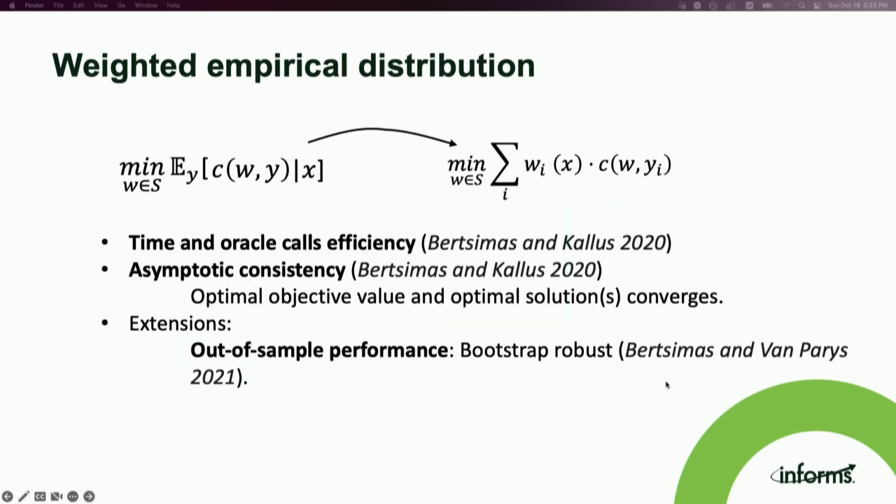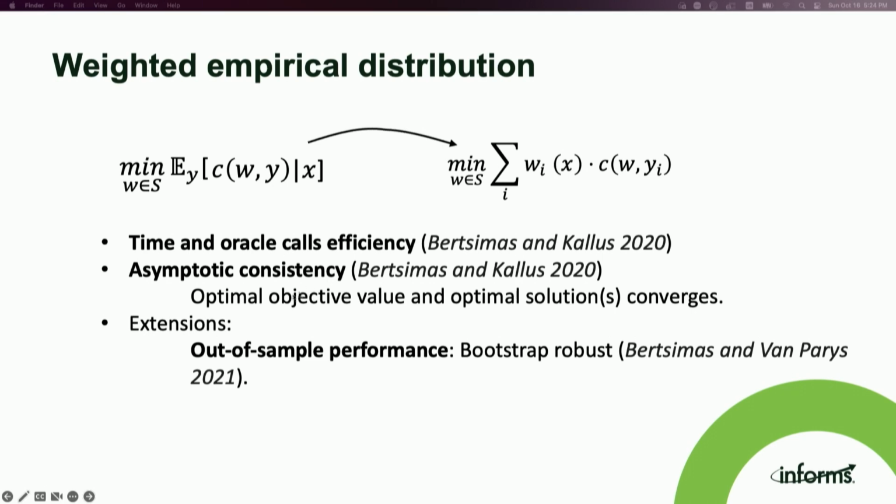With the weighted empirical distribution, you could plug it in to solve the original contextual stochastic optimization problem. There are also theoretical results that one could achieve using this general framework. In the original paper, the authors analyzed the time and oracle cost efficiency for such a framework, and they also demonstrate that it is asymptotically optimal.